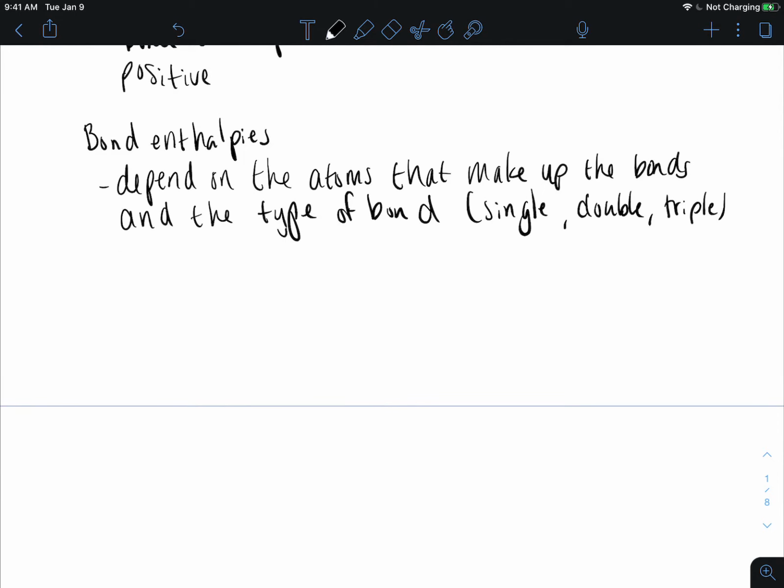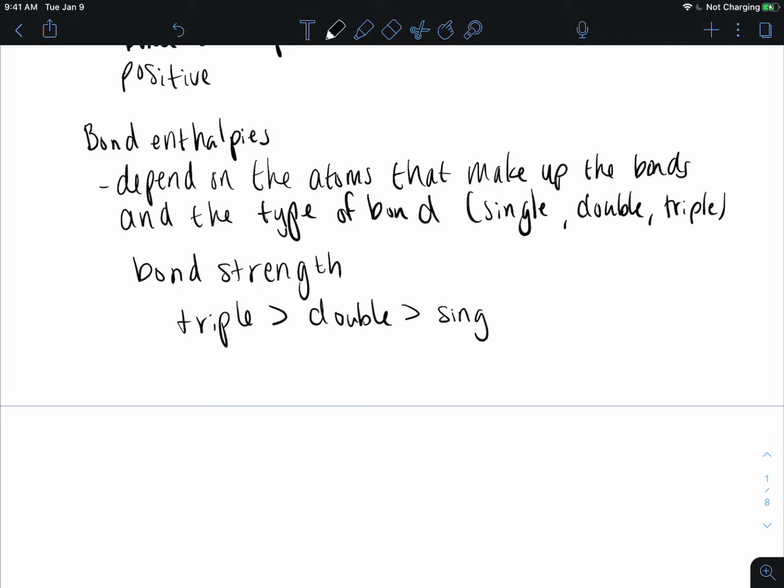So we're thinking about bond strength. A triple bond will be the strongest, followed by a double, followed by a single. That's because there's more electrons that are being shared.